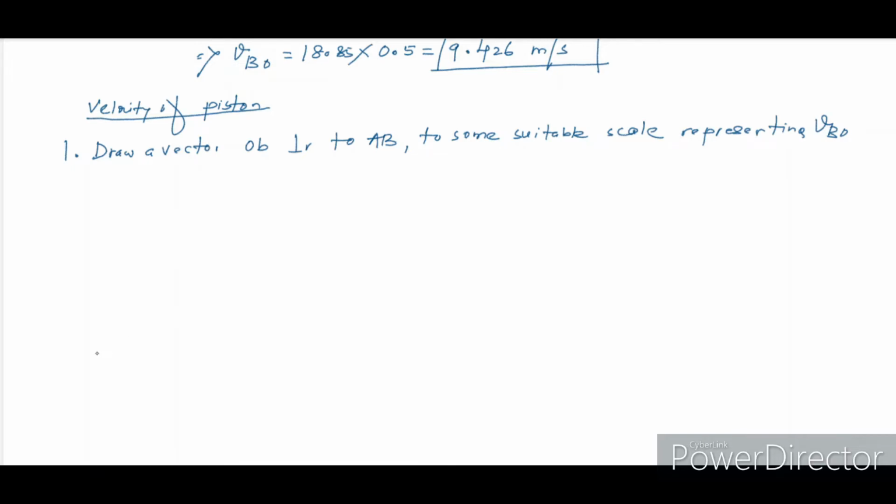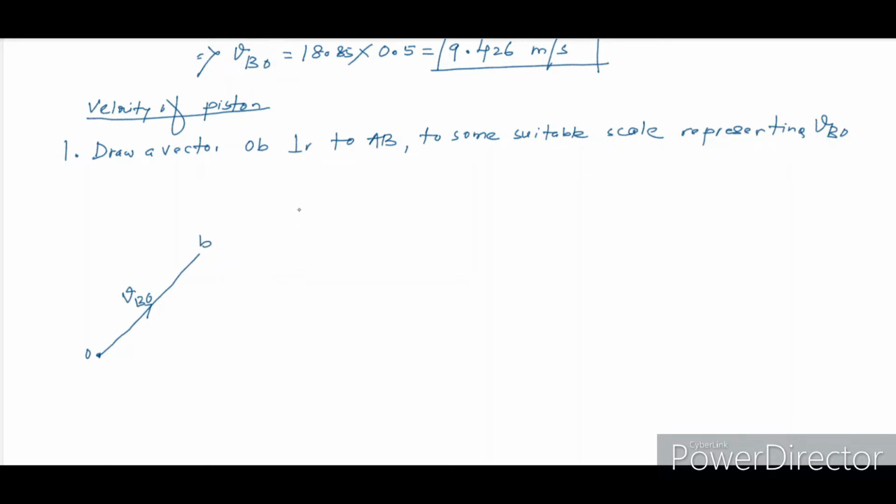So we'll take a reference point, and from that reference point we draw a line which is perpendicular to the crank OB. So it will represent the relative velocity of point B with respect to O with some suitable scale. So you'll get this line OB.